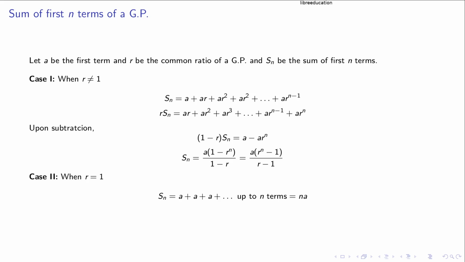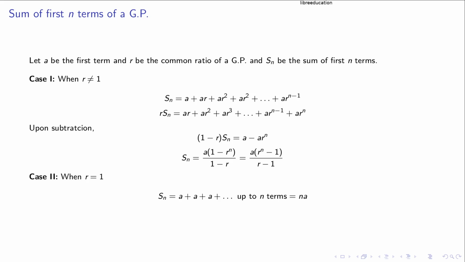Now we try to find out the sum of n terms of a GP. So as always, A is the first term and common ratio is R. And we let Sn be the sum of the first n terms. So the first case is when R is not equal to 1, then we write the value for Sn and then we multiply it with R and we rewrite the value again.